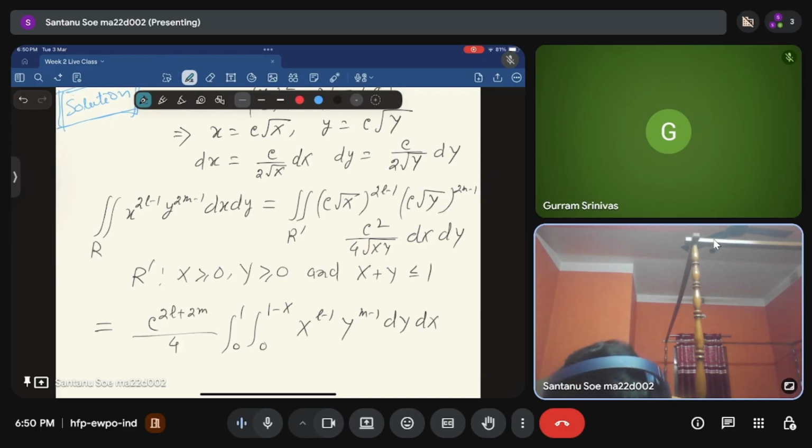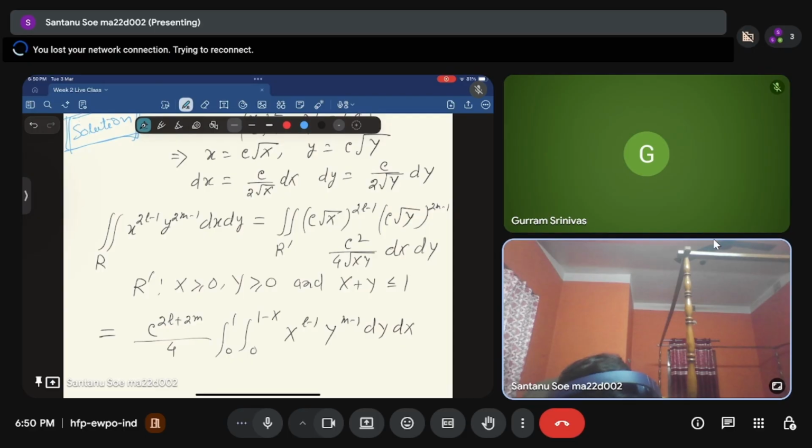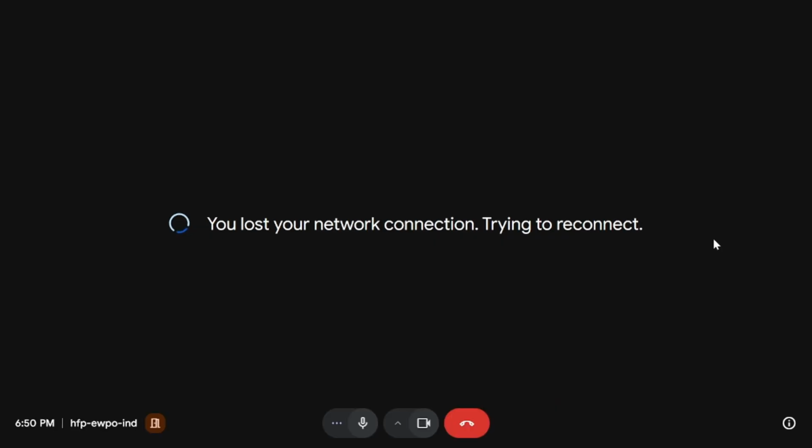Okay, so this will be c to the power 12 plus 2m divided by 4, integration 0 to 1. This is going to be x to the power l minus 1, y to the power m by m, 0 to 1 minus x dx.